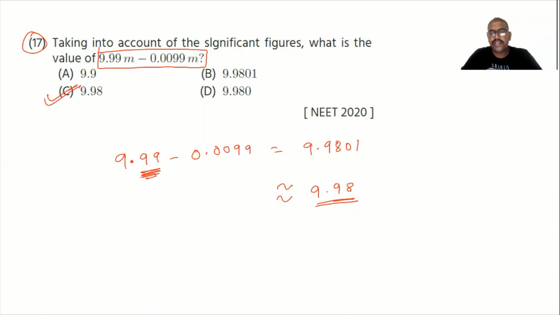When we are doing subtraction or addition, the answer has the same number of digits after the decimal point as the given number with fewer digits after the decimal point, which is the first number here. You remember that. So the answer is option C.